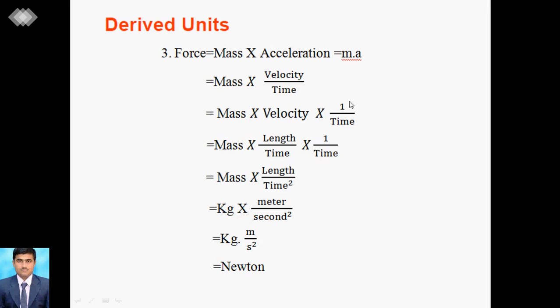Velocity is length upon time, so it becomes mass into length divided by time square. So the unit is kg, length in meter and time in second square. The unit for force is kg meter per second square, and the whole is called Newton. So force is in terms of Newton.